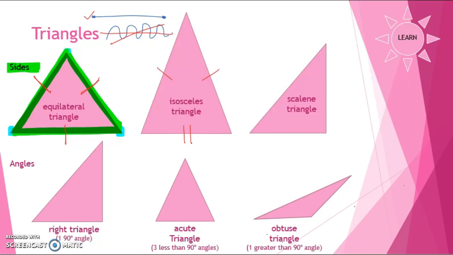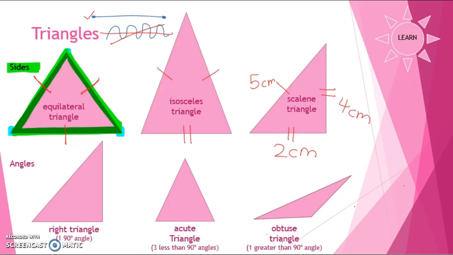And a scalene triangle, oh boy, in a scalene triangle, all of the sides are completely different. When I say different, I mean the length of their measurement is different. For example, this side could be 5 centimeters, this side might be 4 centimeters, and this side might be, I don't know, maybe 2 or 3 centimeters.